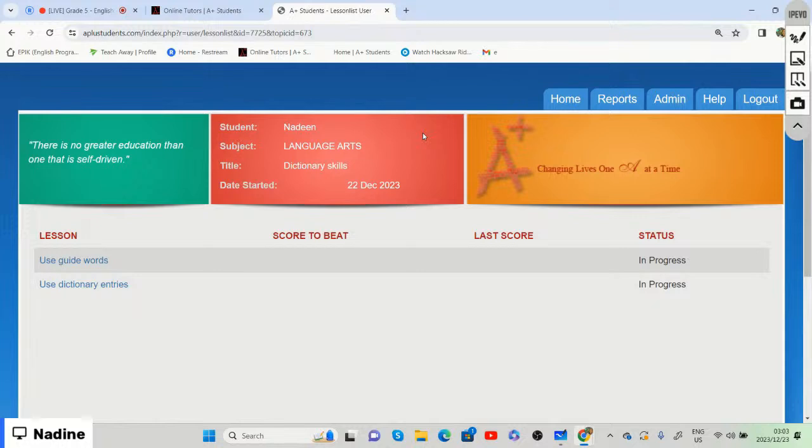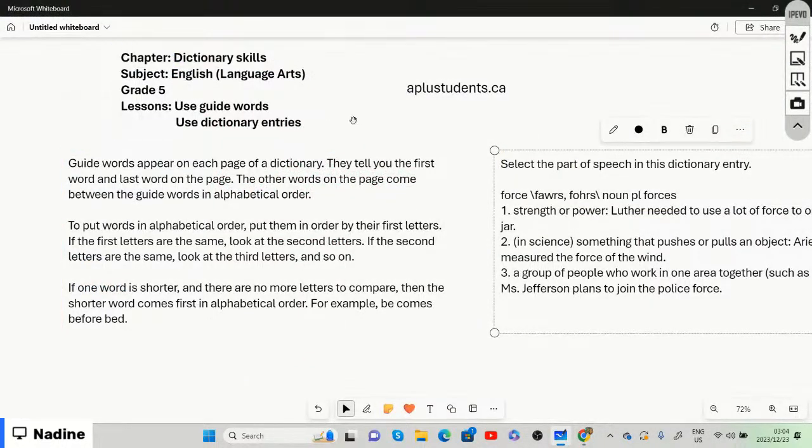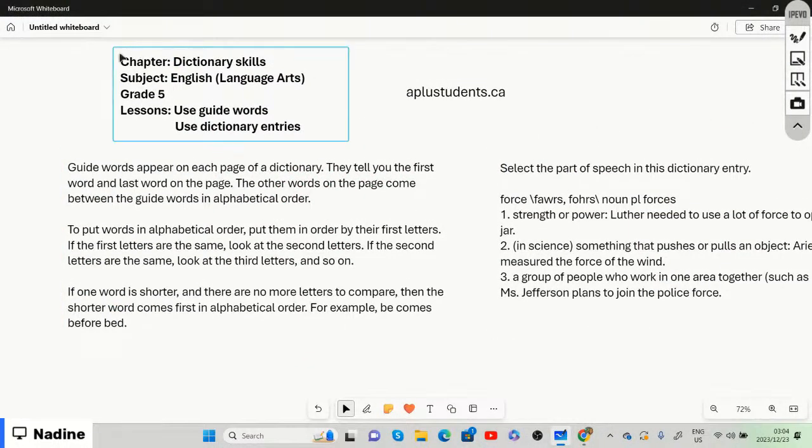Once we've logged on to aplusstudents.ca with our username and our password, we're going to select the subject of language arts, grade 5, and then scroll down until we get to our chapter of dictionary skills. So our chapter is dictionary skills.